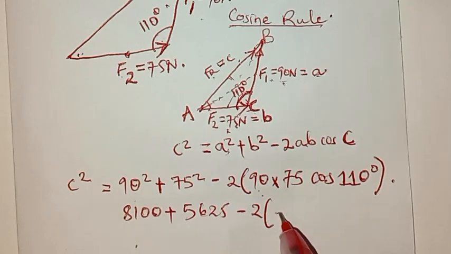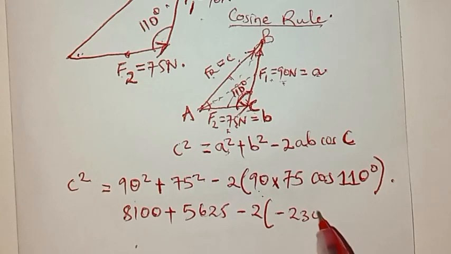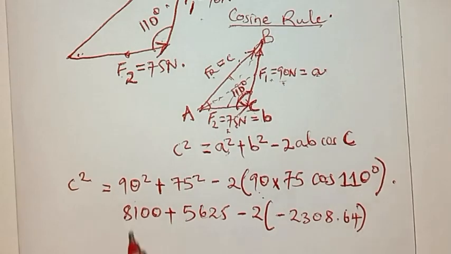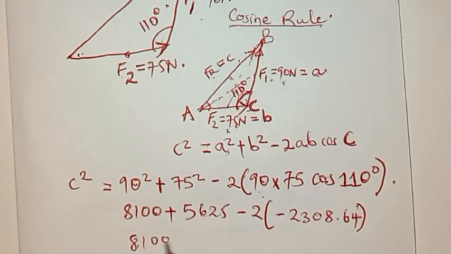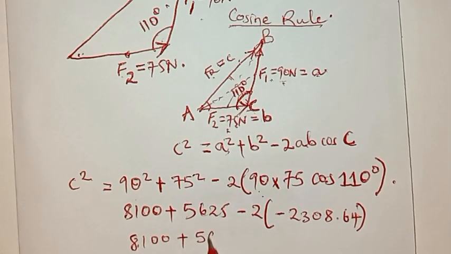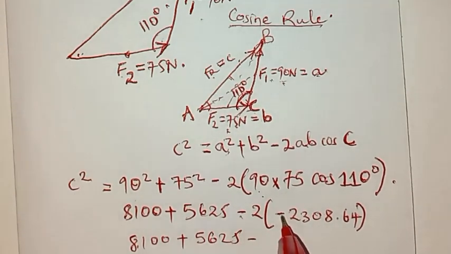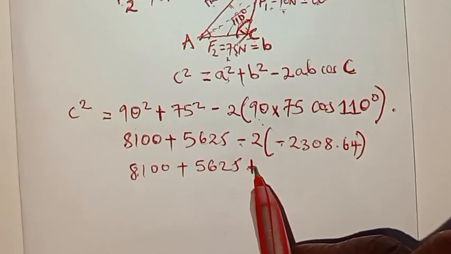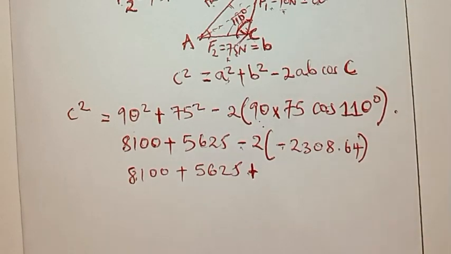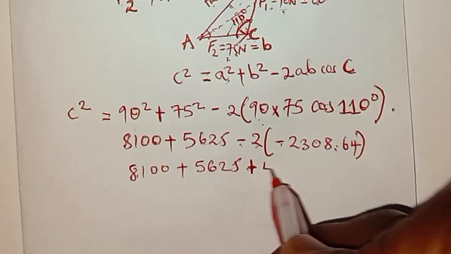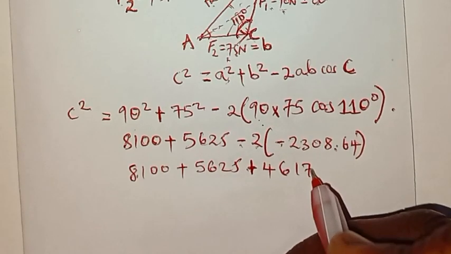This gives you negative 2308.64. Then it is 8100 plus 5625, minus times a minus will be positive, plus the value of this times this, which is 4617.28.